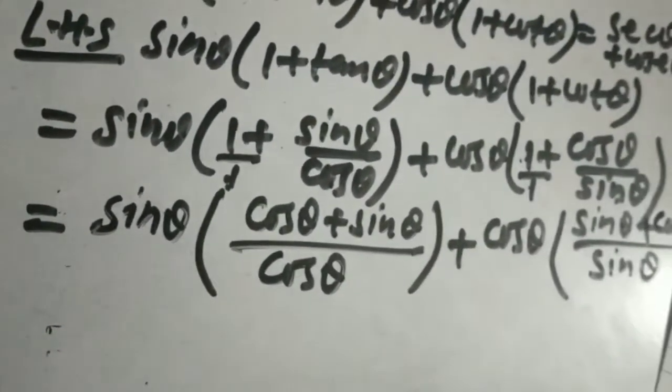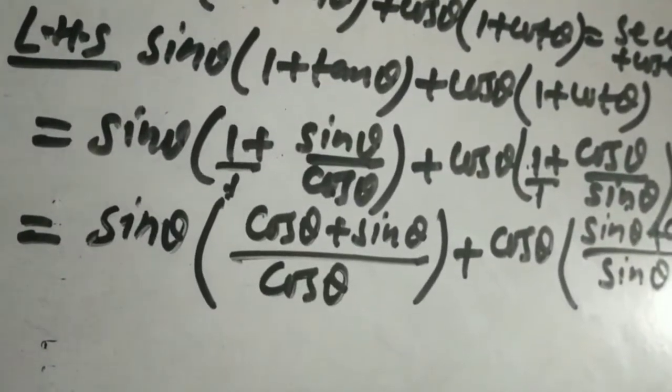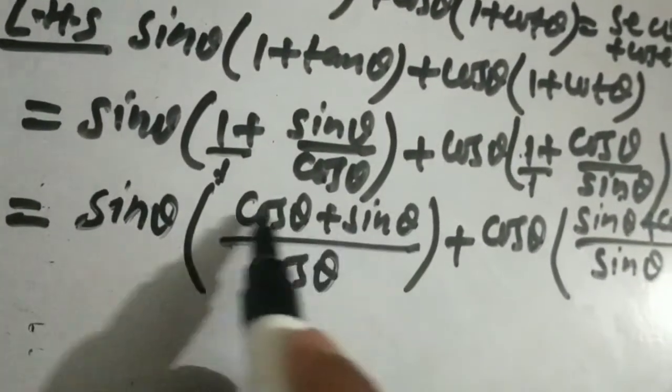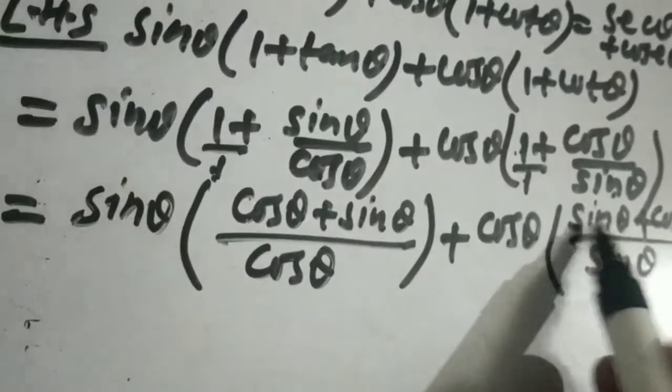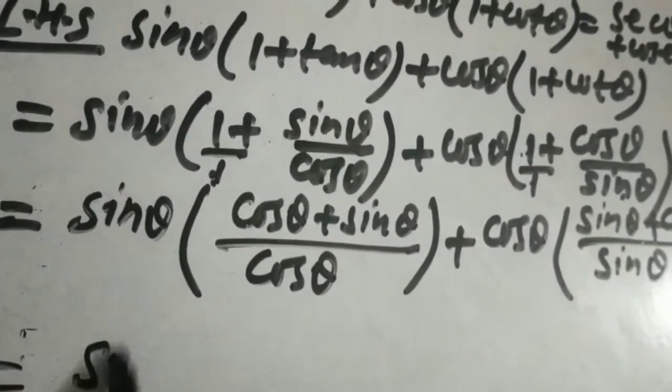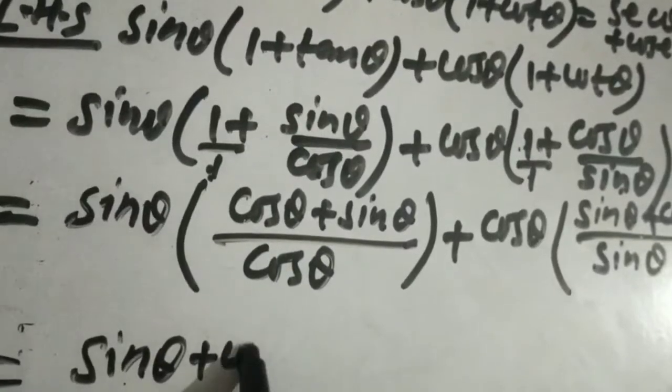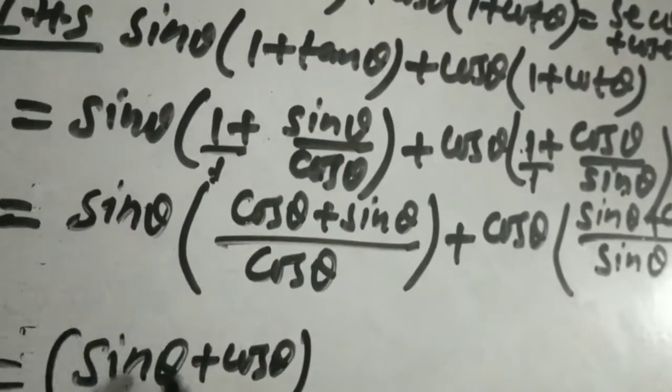Okay, now sin theta plus cos theta is here, and sin theta plus cos theta is also here, so sin theta plus cos theta is common. Then what will be left here?